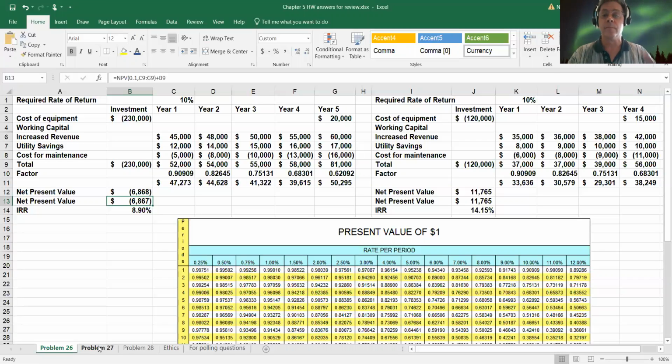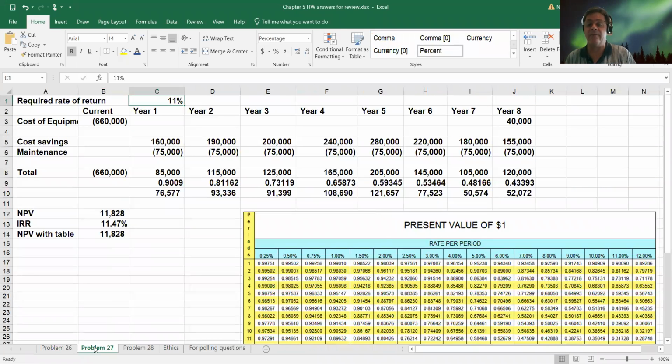All right. So we got the correct answers. We've got the decision between the two. And on to problem 27, which the problem kind of said, just do it using the Excel NPV.